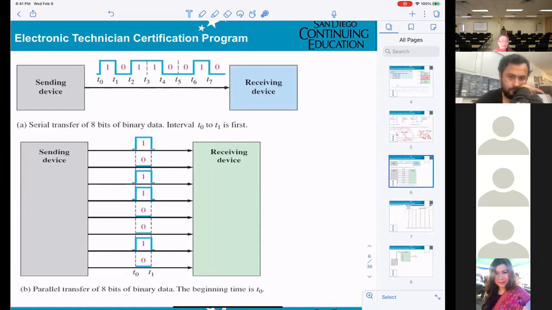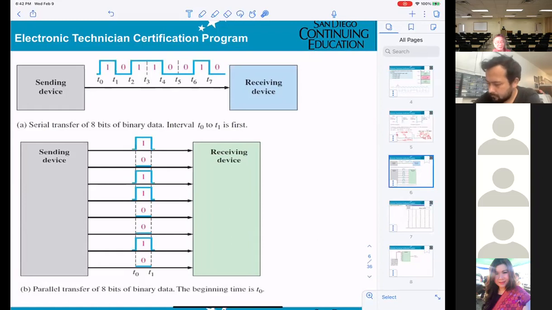So to bring it up for you, you get two different types of data transfer, either serial data or parallel data. In any machine inside, they must be parallel data.